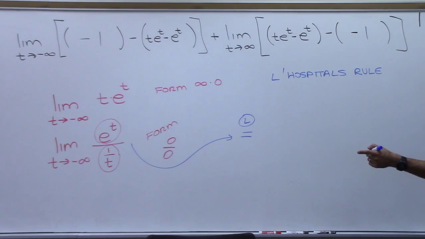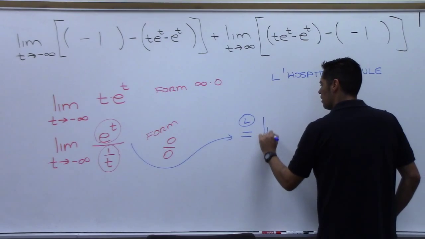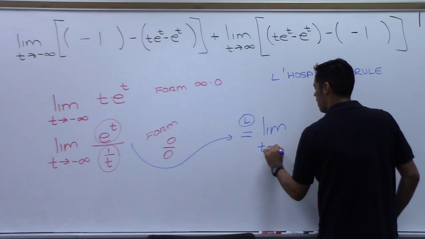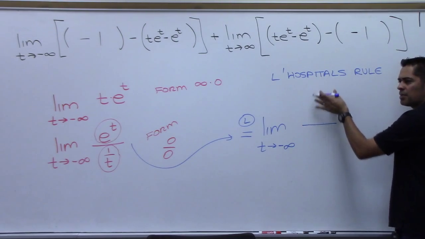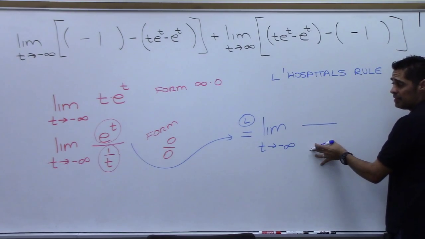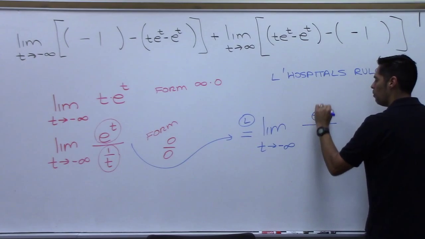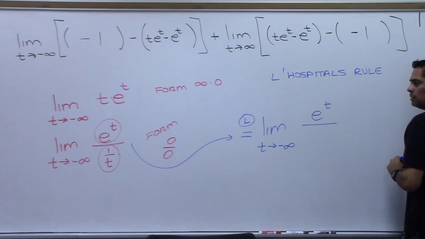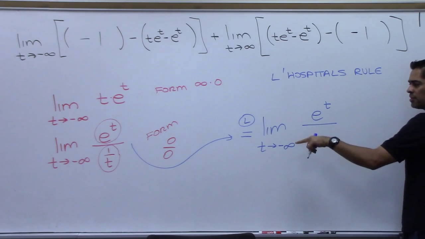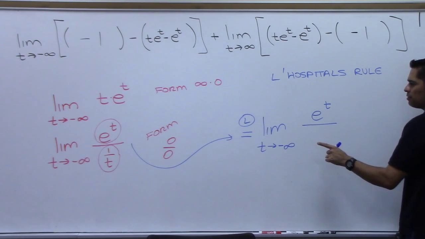So what is L'Hopital's rule again? You keep the limit exactly the way it is, but you take the derivative of the top and bottom separately. So what's the derivative of e to the t? Itself. What's the derivative of 1 over t?